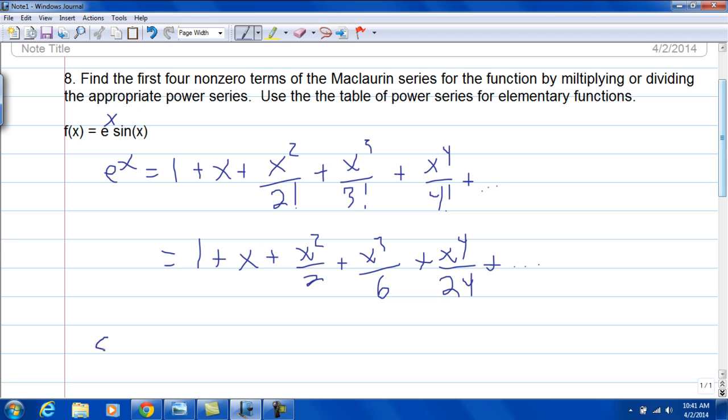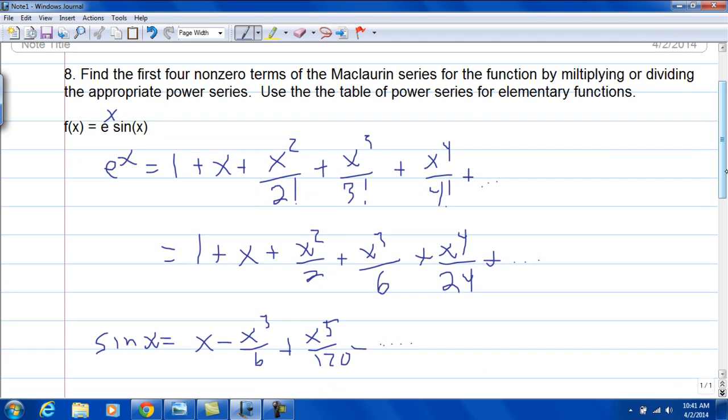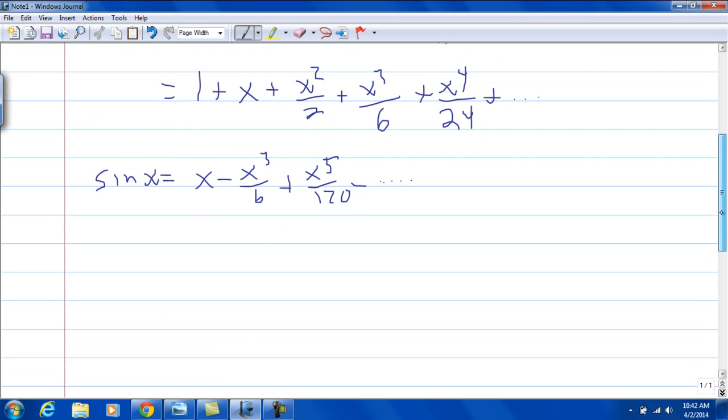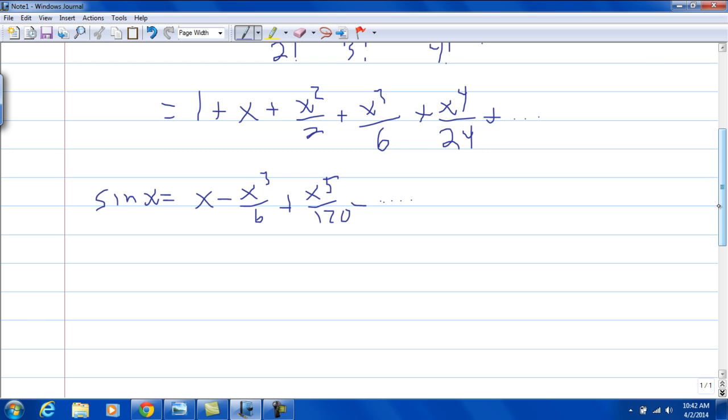For the sine of x equals x minus x cubed over 6 plus x to the 5th over 120 minus dot dot dot. It's x, then x cubed over 3 factorial, then x to the 5th over 5 factorial, and 5 factorial is 120. So we're multiplying these together.